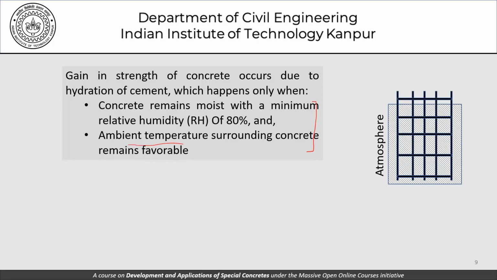Ambient temperature surrounding the concrete remains favorable. Now, this atmosphere is after all characterized by a temperature, a relative humidity, and let's say a wind speed. You imagine that all these factors could determine how much water will tend to run away from here or escape through evaporation.